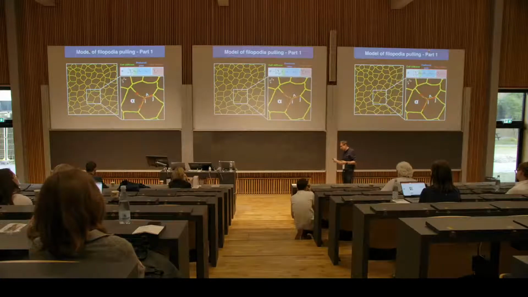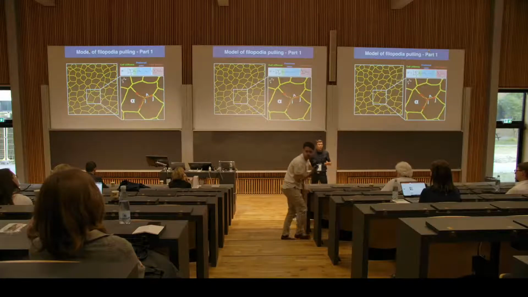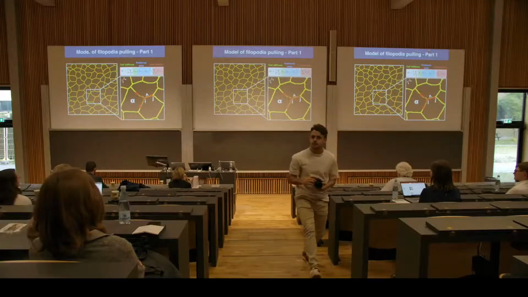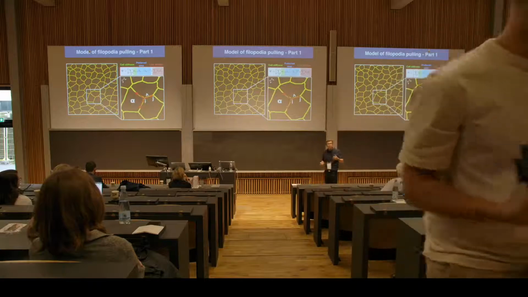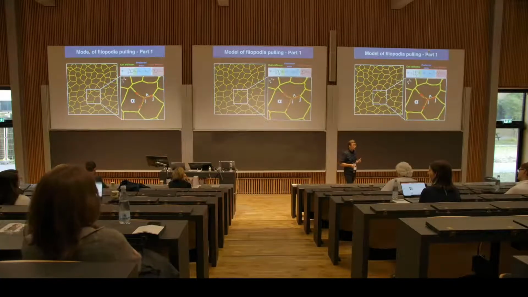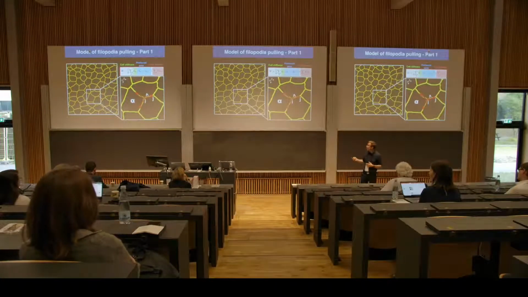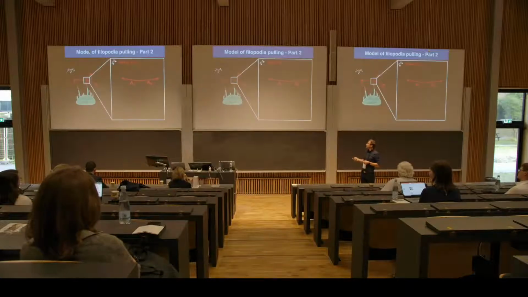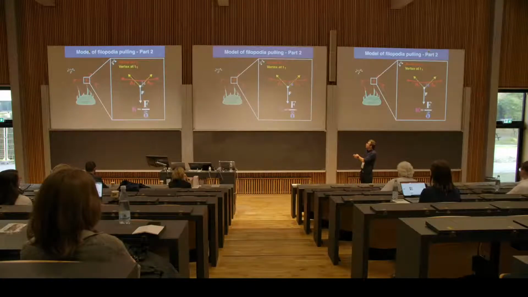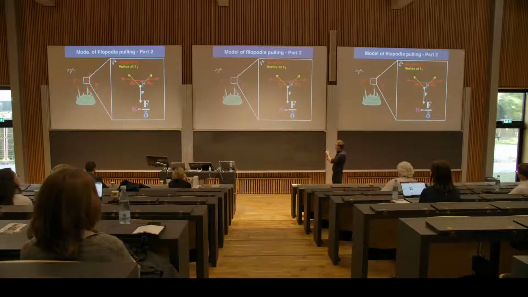In the second step of the model, we apply the pulling forces to the vertices. This is to mimic the pulling forces that the filopodia exert on the vertices. So if we start with a vertex here and apply the pulling force F, if we know exactly the amount of the pulling force and we know the displacement of the vertex, we can estimate what we call vertex stiffness.